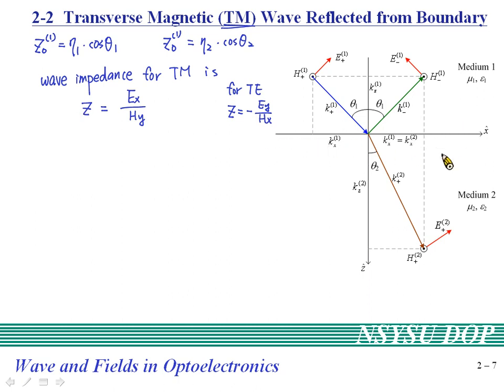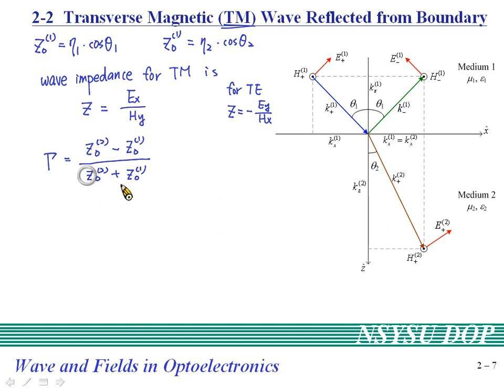Then we can obtain the reflection coefficient gamma for TM wave from the plane dielectric interface. It will be Z02 minus Z01, divided by Z02 plus Z01.